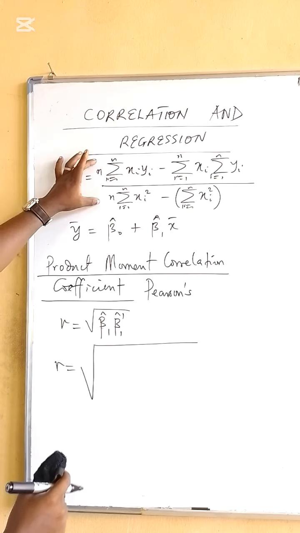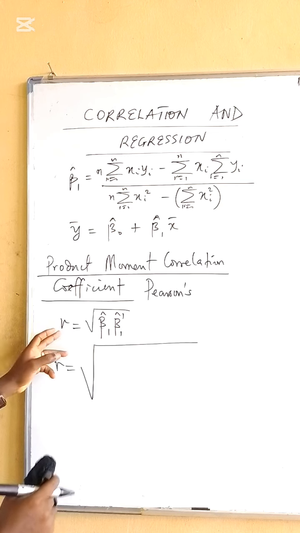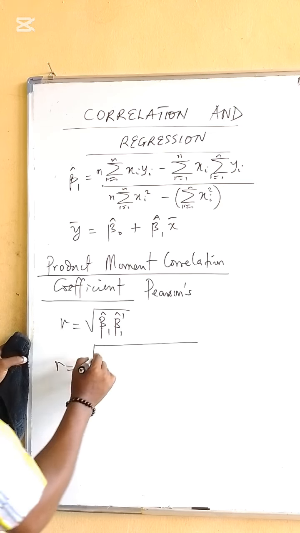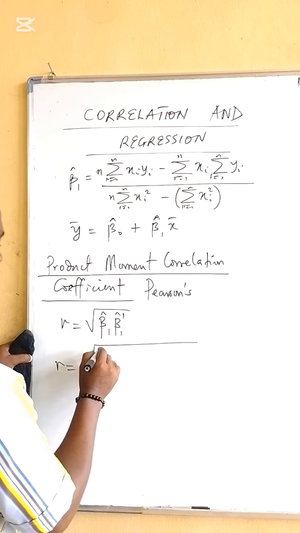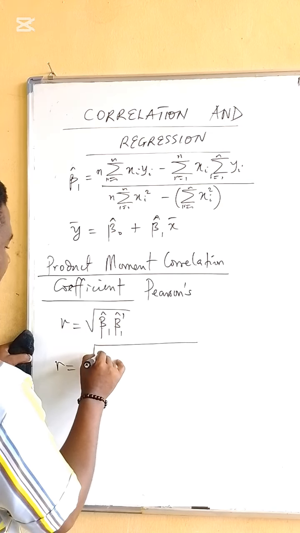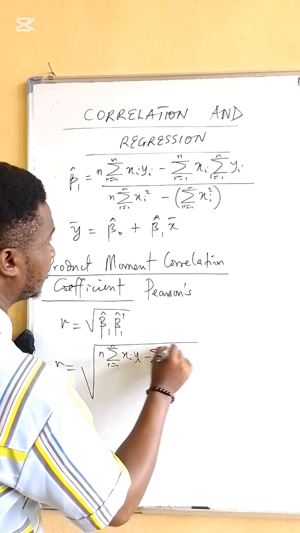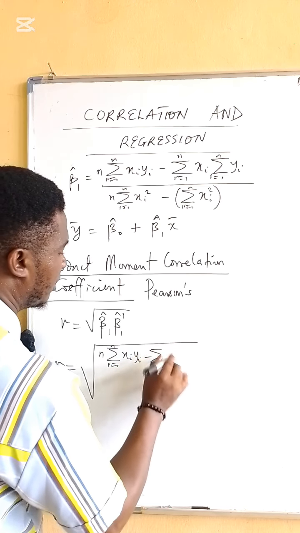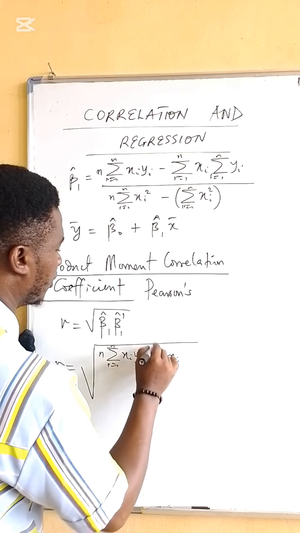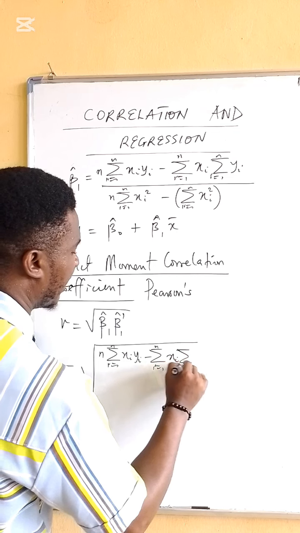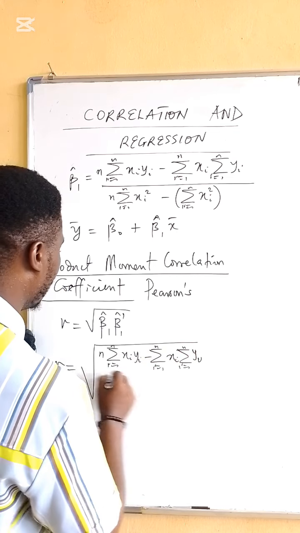Now, regressing y on x will give us beta 1 cap as this: n summation from i equals 1 to n xi yi minus summation xi from i equals 1 to n times summation from i equals 1 to n yi.